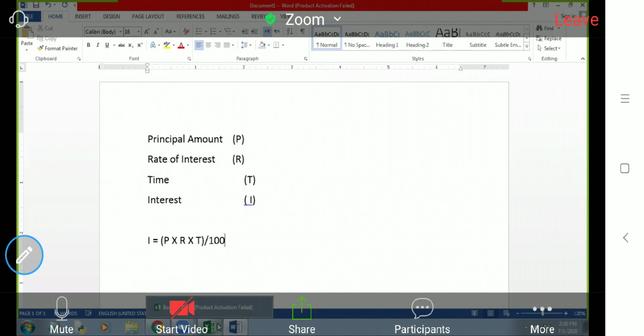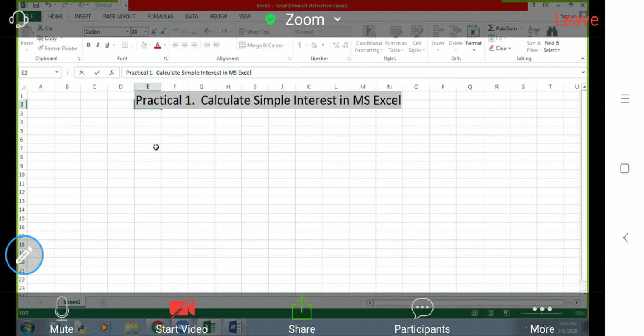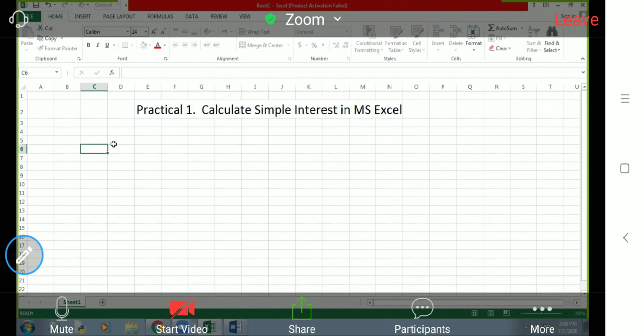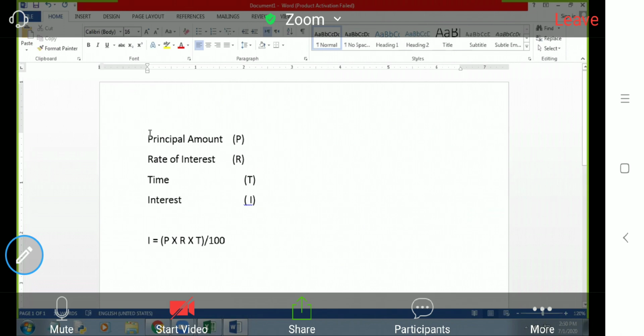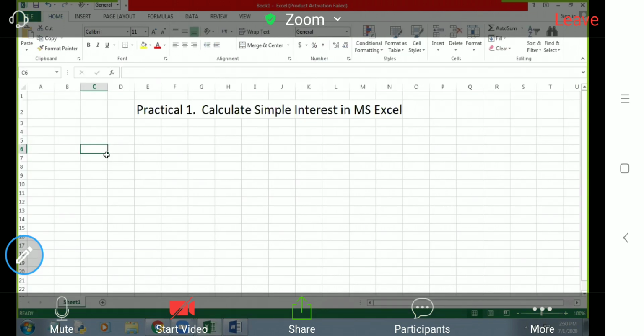So how to calculate simple interest using MS Excel? Let's see in this sheet. First we write the principal amount. We can write here principal amount P. Write it here.